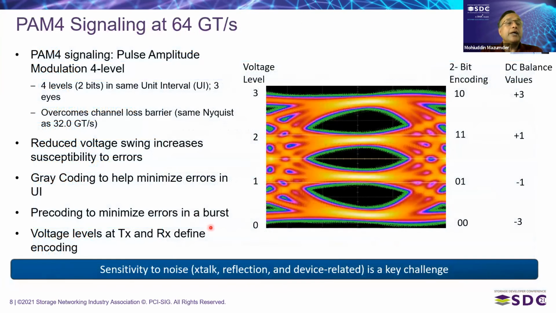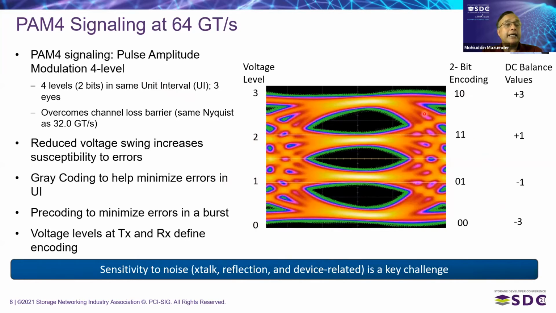Let's now take a look at what is the basics of PAM4 signaling. This could be just a refresher for many of you. PAM4 signaling is pulse amplitude modulation, where there are 4 voltage levels, as seen in this graph on the right, 0, 1, 2, 3. Now, with 4 voltage levels, basically we can encode 2 bits of information.